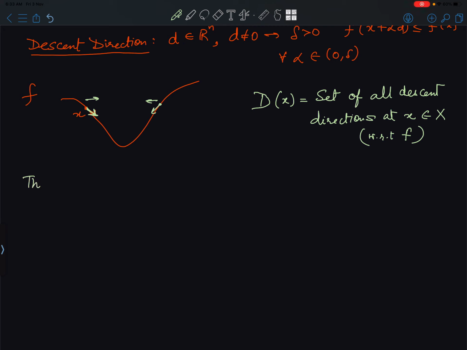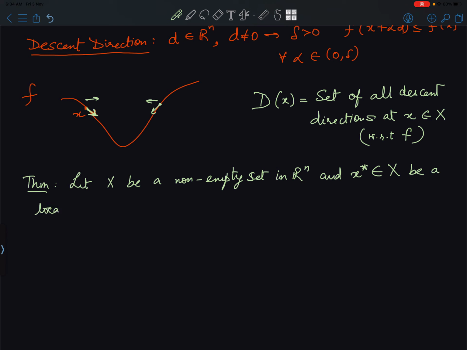So the theorem is: let X be a non-empty set in R^n, and x star belongs to capital X is a local minimum of f over X. Then the set of feasible directions at x star intersection the set of descent directions at x star, the intersection of both of them, will be a null set.